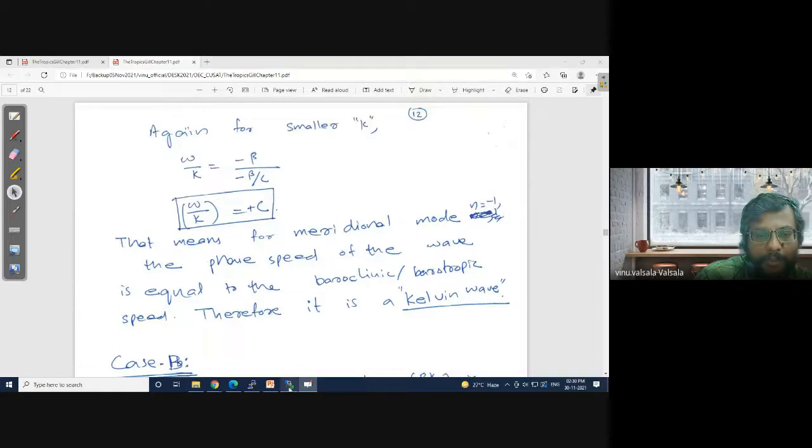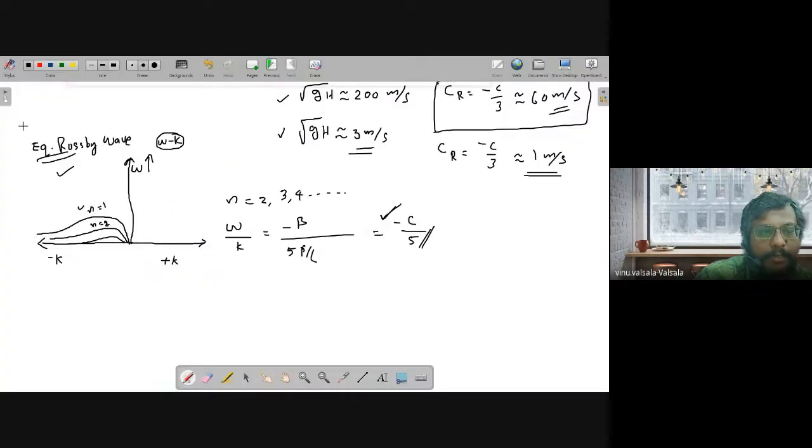And Kelvin wave dispersion relation, if you remember, yesterday we drew very simply as a straight line. So I'm going to fill it up here. So this is n equal to minus 1. Agreed? So this is the Kelvin wave. This I can call a Kelvin wave because this is a special type of solution I obtained by putting n equal to minus 1 in the dispersion relation, omega by k equal to minus beta by k square plus (2n plus 1) beta by c.